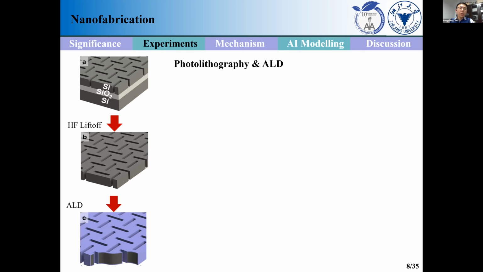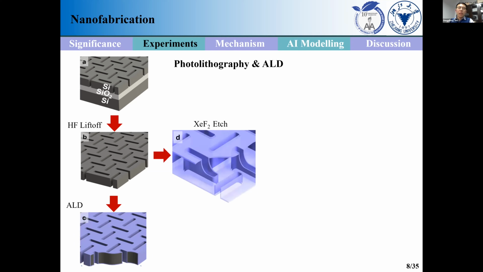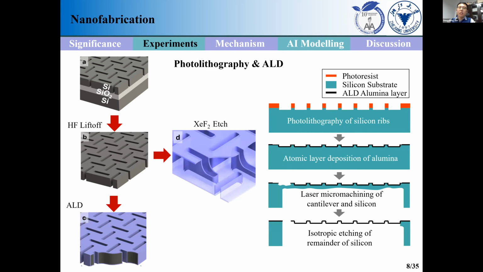And then we use ALD technique to evenly grow a very, very thin layer on top of the silicon layer. And then we use the etching technique to remove the silicon material such that the whole plate is remained. And here is the recipe of the nanofabrication.